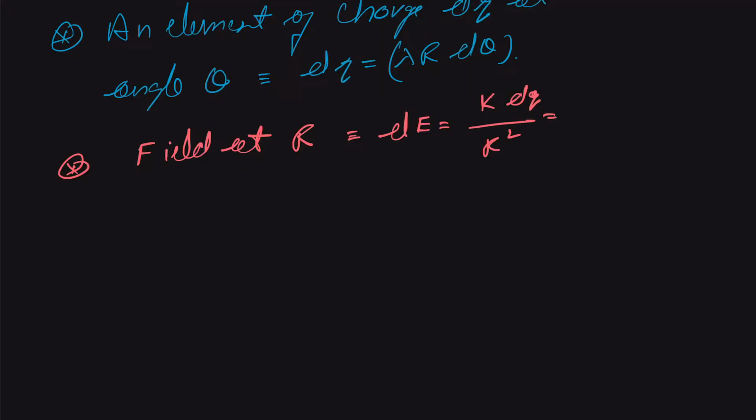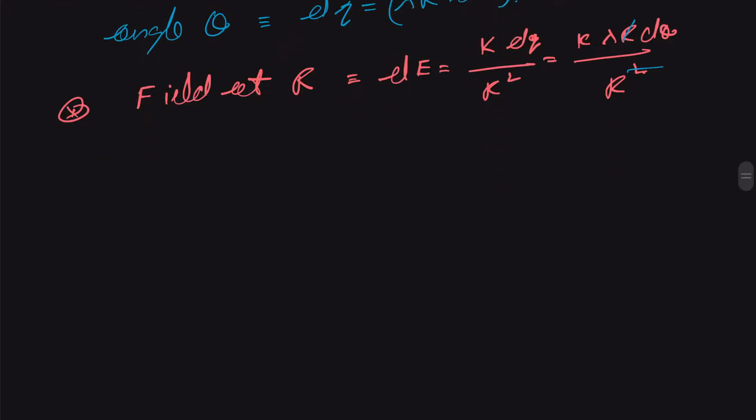Substituting dq, this comes as k lambda r d theta upon r square. The r cancels, so the electric field due to this small element is k lambda upon r times d theta, and the direction will be radially inward toward the center.